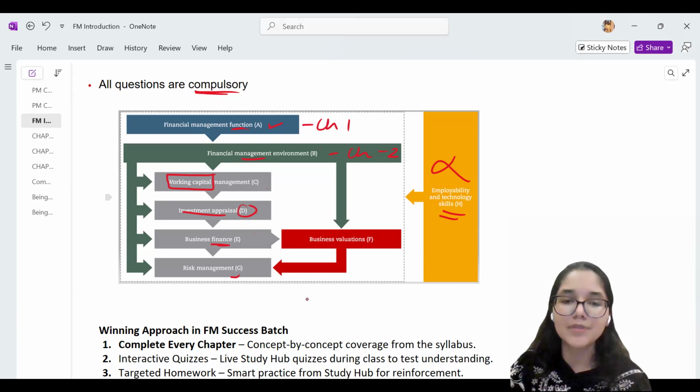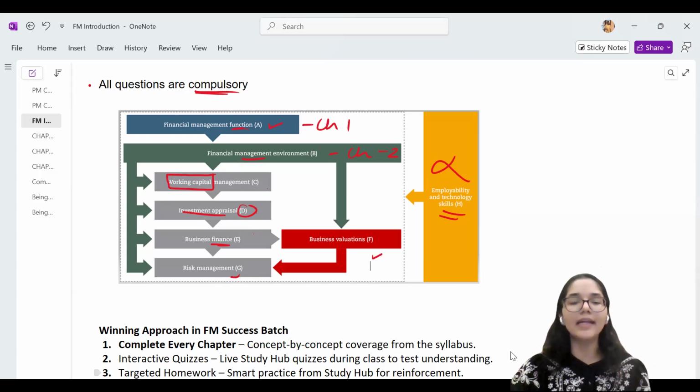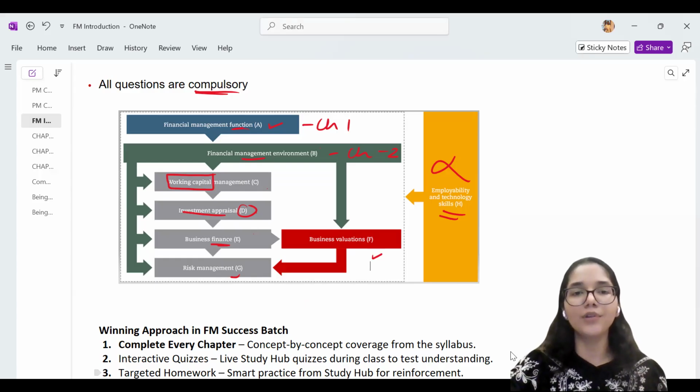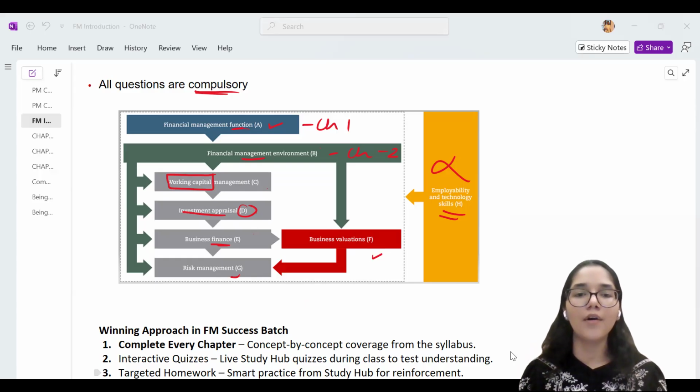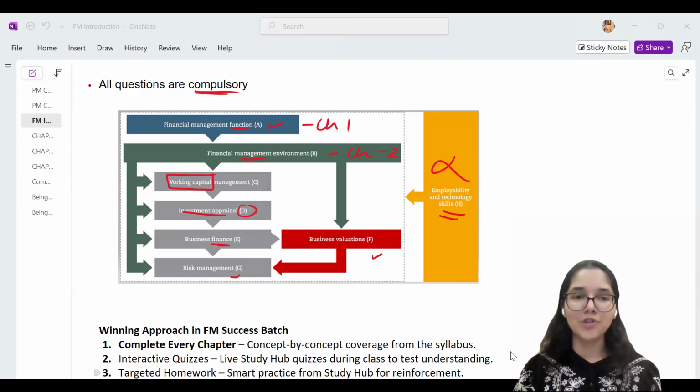Next, you have the syllabus area F, which is business valuations. So here the key term is valuations. Do you people know the meaning of valuation or value? What could be valuation?